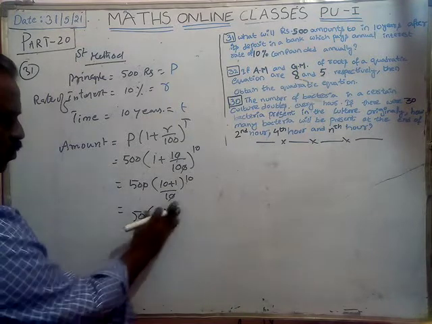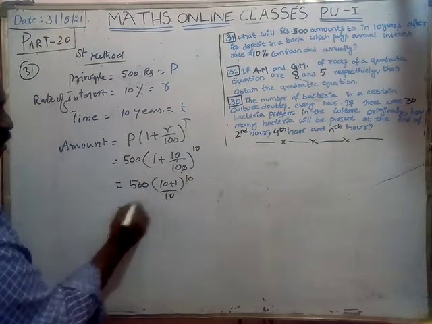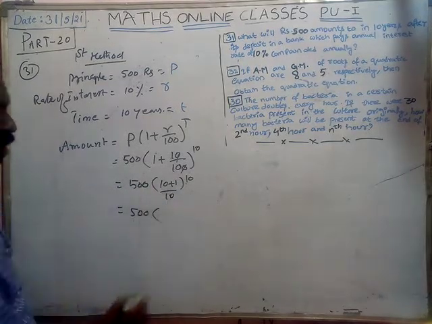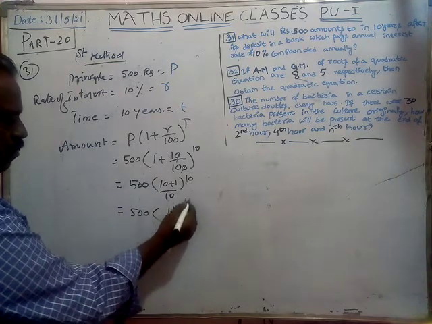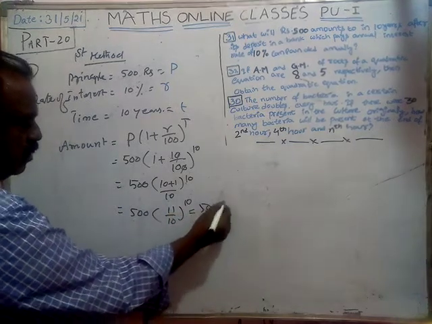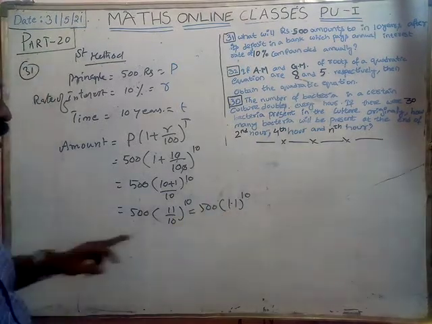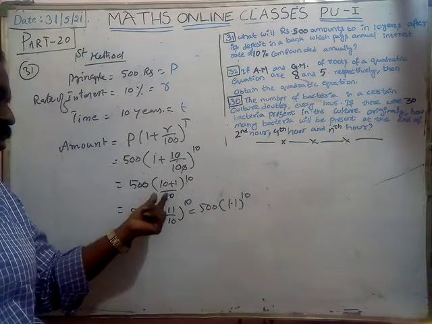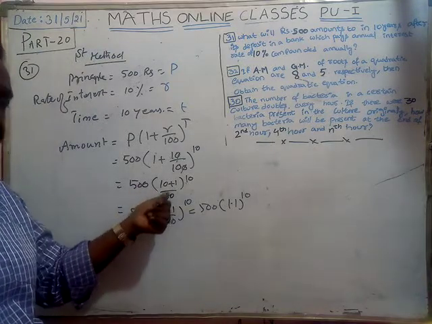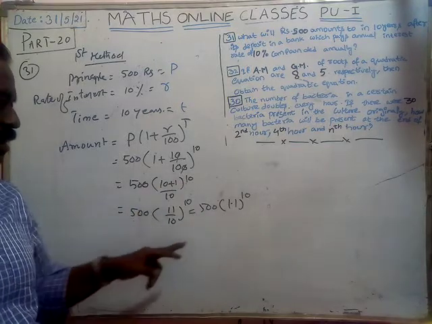Or otherwise, the answer is 500 into 11 by 10 power 10. This is 500 into 1.1 power 10. This is our answer. Like that you solve it. Of course, 0 cancels, 50 of 11 power 10 will also come, but it is correct.